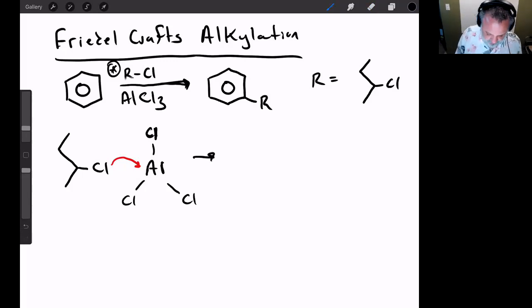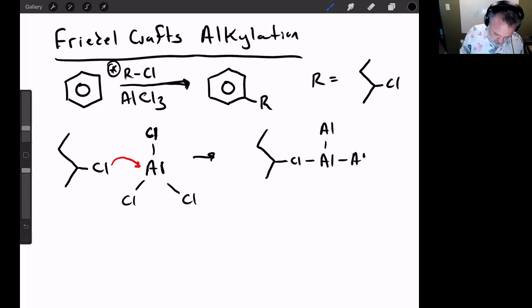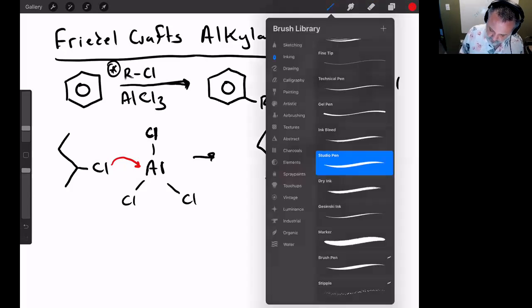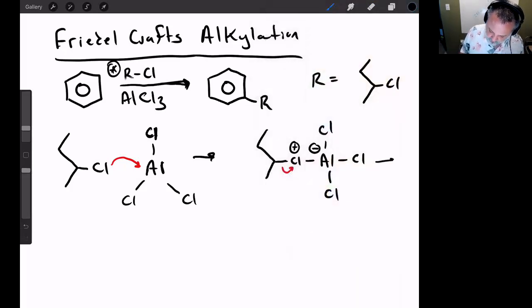But it's exactly the same as it was before. It reacts exactly the same way. Man, I'm setting this up all over the place here. And we get a negatively charged aluminum and a positively charged chlorine. But there's actually quite a bit of character where this forms a carbocation as such.